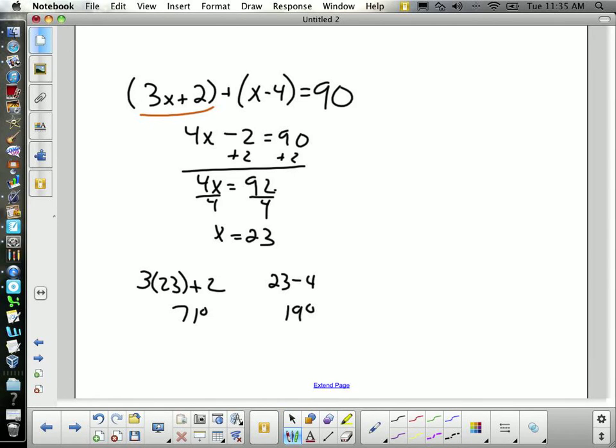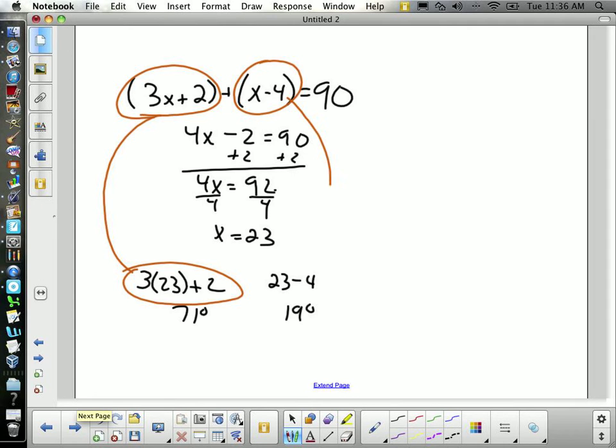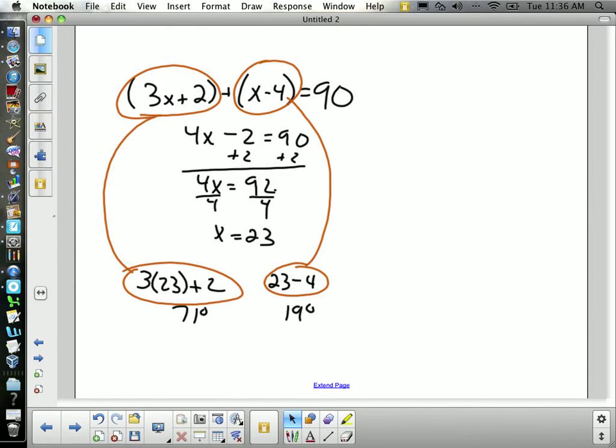All right? 3x plus 2 became 3 times 23 plus 2 because x is 23. X minus 4 became 23 minus 4 because x is 23. And I got 71 and 19. Do those indeed add up to 90 degrees? Yes, they do. We're in good shape. Knowing our vocab, setting up problems, solving them. That's what we're about.